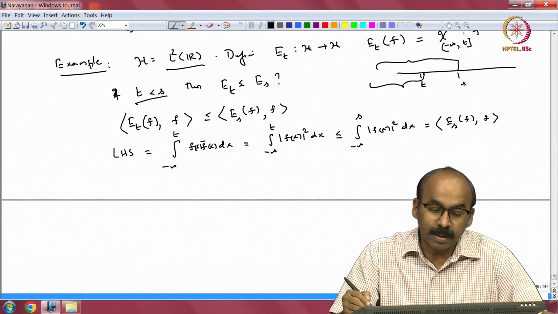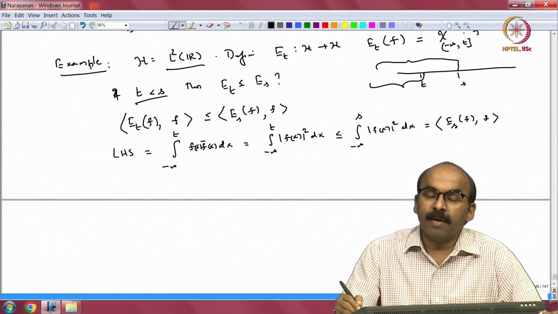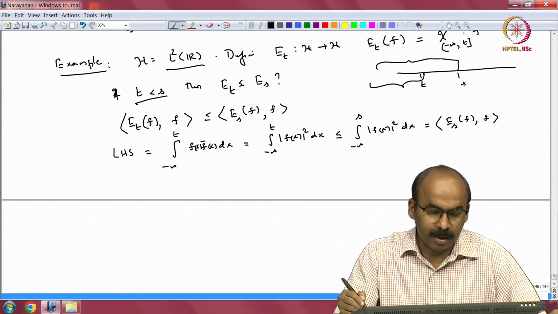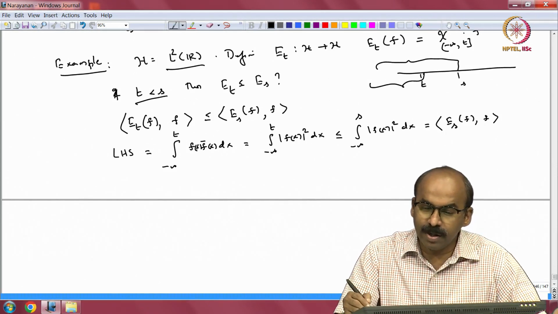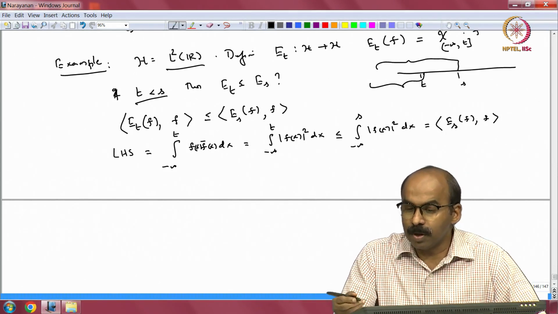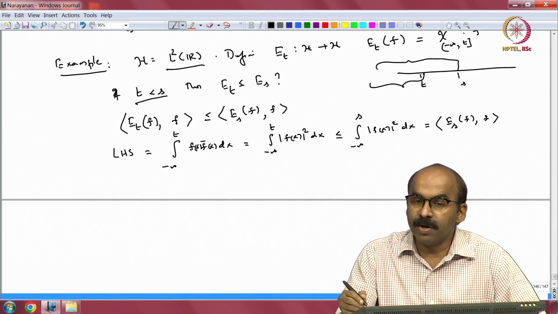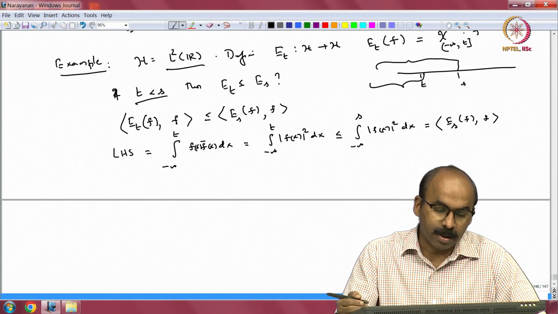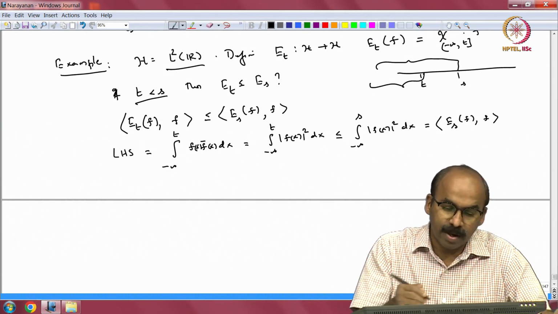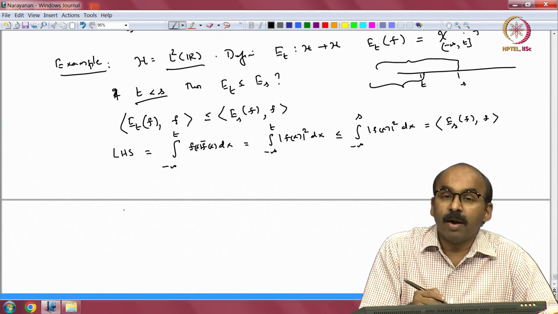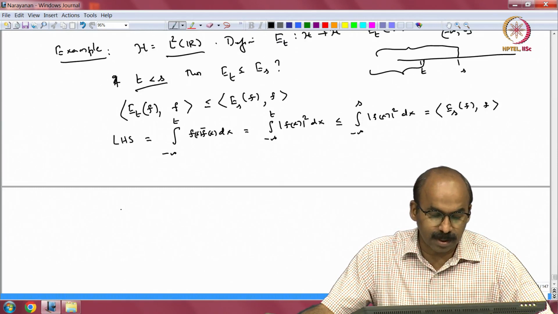So we see that the monotonicity is true, and I will leave the remaining to you: when t goes to minus infinity, of course, it will go to 0 because I am looking at minus infinity to t of the norm of f. Maybe we can do that as well, at least one of them, because the other one is exactly the same way.